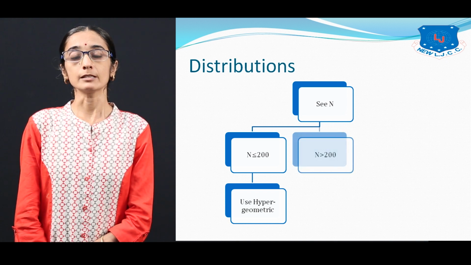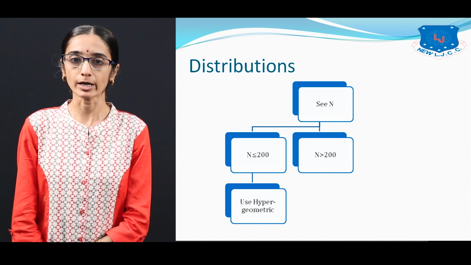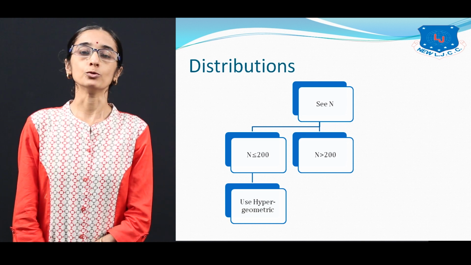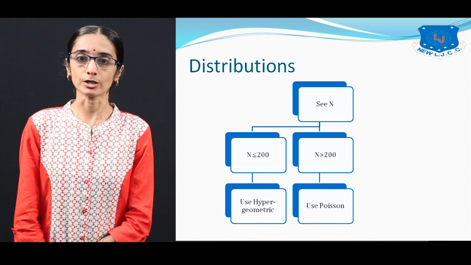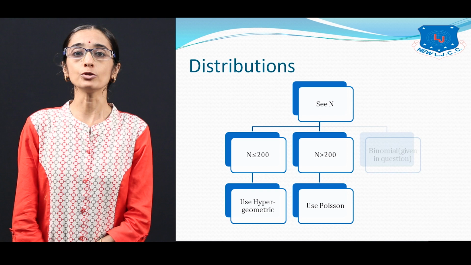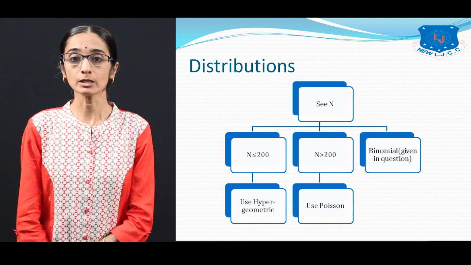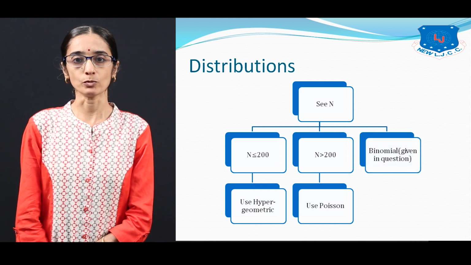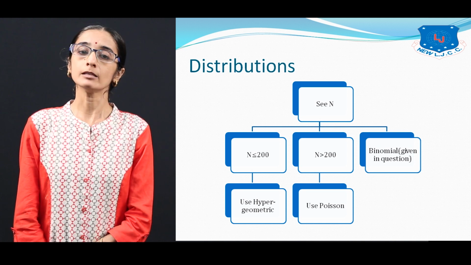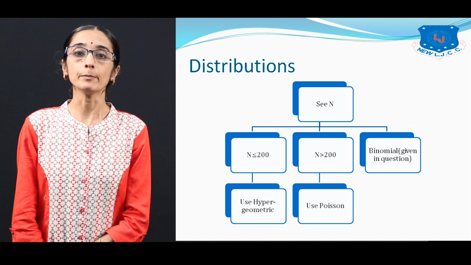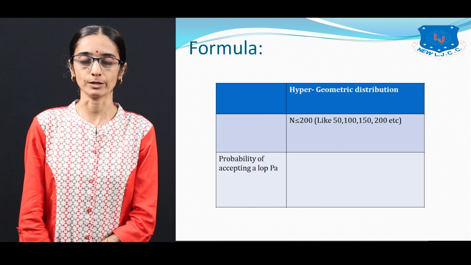If capital N is larger than 200, then we have to use Poisson distribution, and if the question asks to use binomial distribution, then only binomial distribution will be used. Now let's see today the example of hypergeometric distribution.